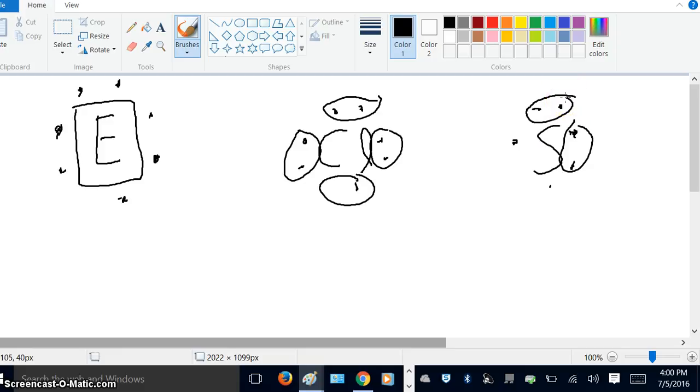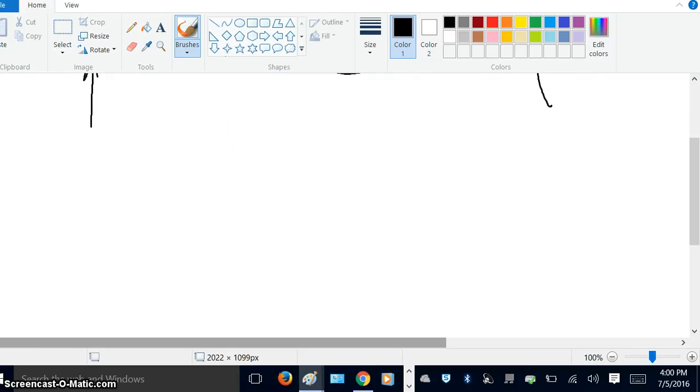Anything along these sides of the imaginary box. Here, let's make that one just a little bit bigger. And so you have a pair, and then there's a single electron, and then a single electron. So sulfur is going to want to have 2 more electrons, one to join this one, and one to join this one. So that's going to be how it interacts chemically. So that's why we do the dot structure.